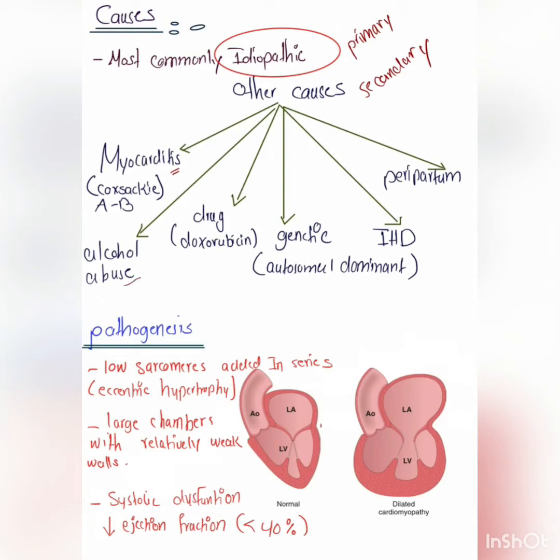Other causes include alcohol abuse. Alcohol and its metabolites such as acetaldehyde have a direct toxic effect on myocardial cells. Another cause is drugs, especially chemotherapeutic drugs such as doxorubicin. Genetic factors, ischemic heart disease, and also peripartum.